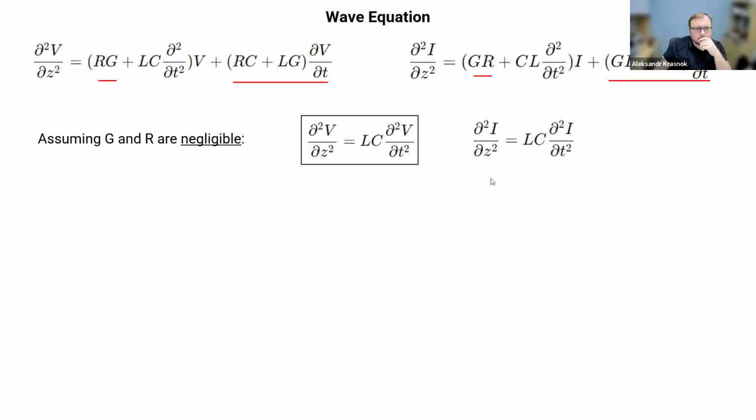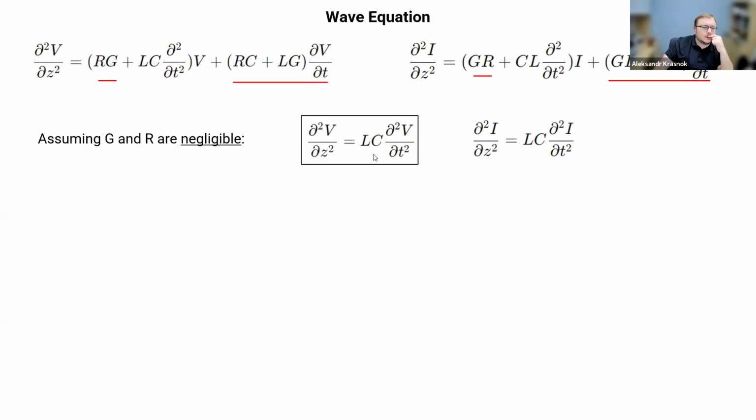So I conclude that this transmission line can support electromagnetic waves that propagate along the transmission line, and the phase velocity of the system is 1 over square root of LC.